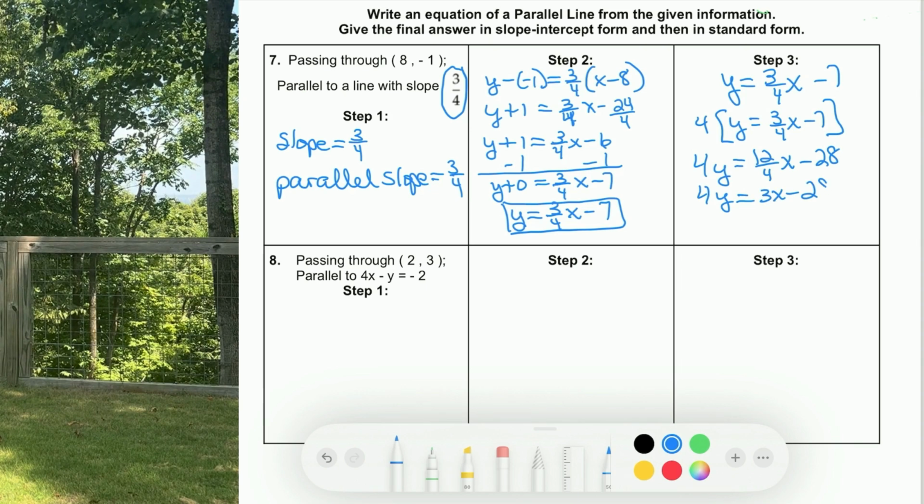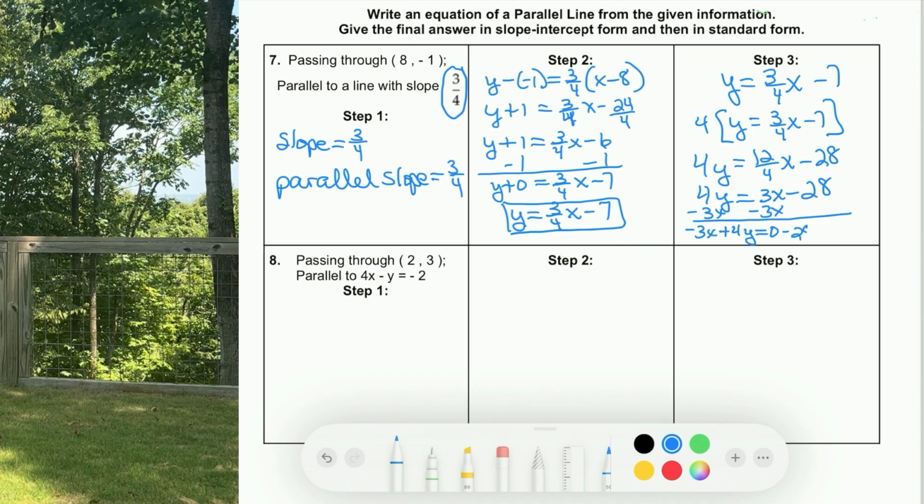So we have now gotten rid of the fraction. Subtract 3x from both sides. And I get negative 3x plus 4y equals 0 minus 28. So our answer is negative 3x plus 4y equals negative 28.